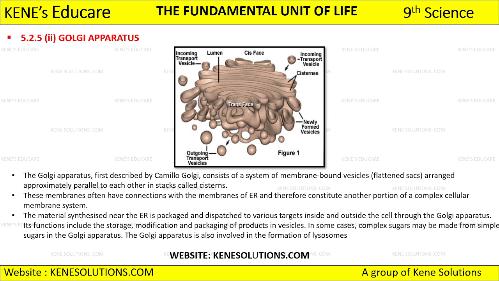This will happen, but not in all cases. So the function of the Golgi apparatus includes storage, modification and packing of products in the vesicle, and in some cases complex sugars are made from simple sugars in the Golgi apparatus.